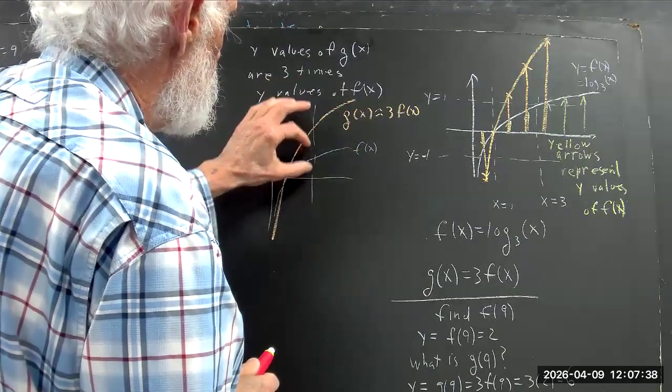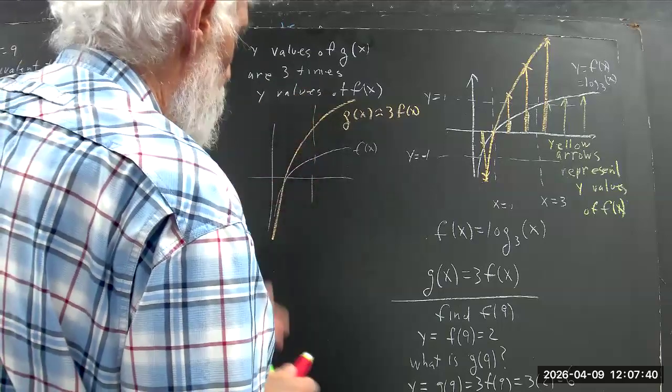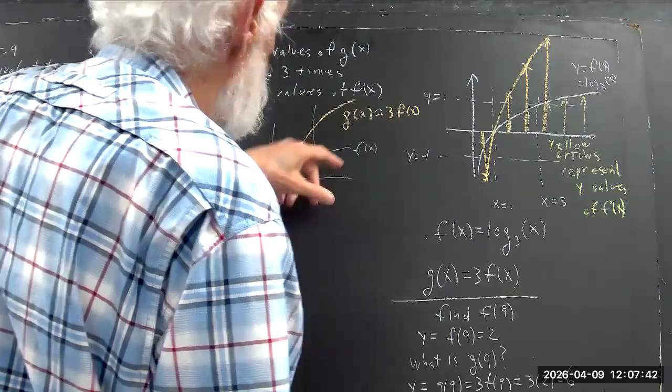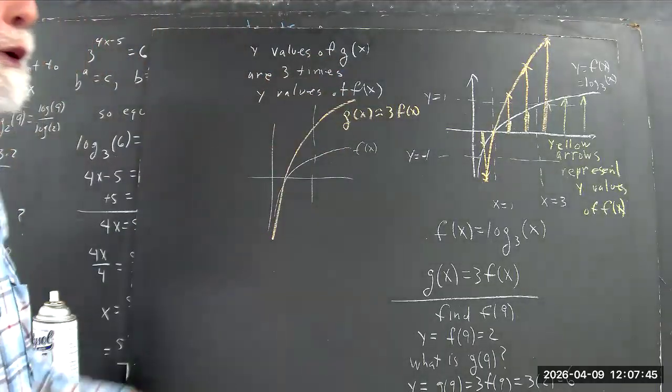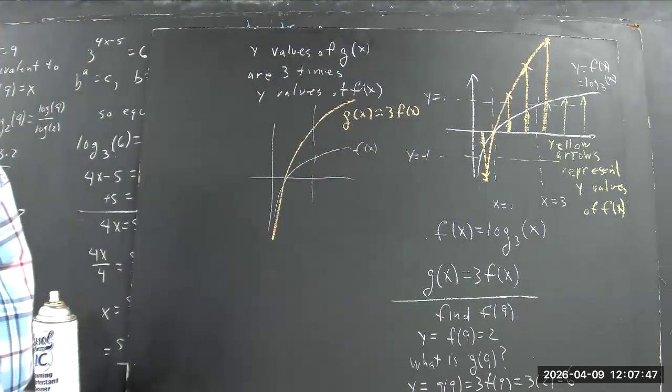The graph of g of x should be 3 times as high as the graph of f of x. And I didn't make it high enough. The way I've drawn it, it's more like 2f of x, but you get the idea.